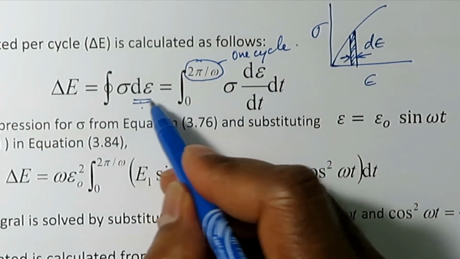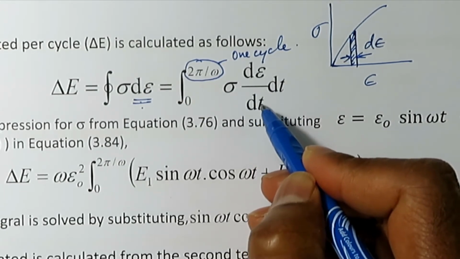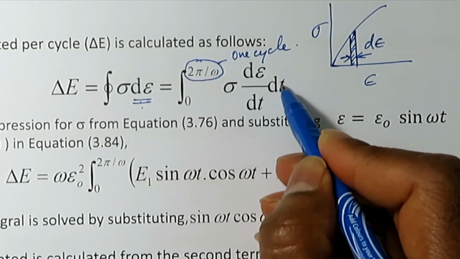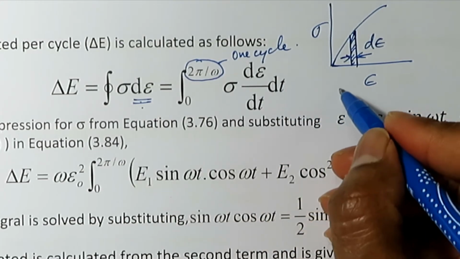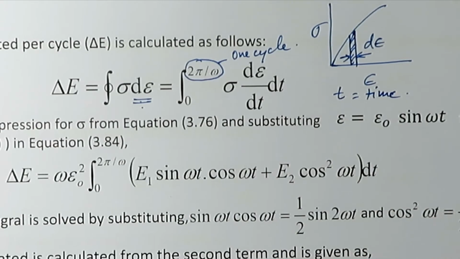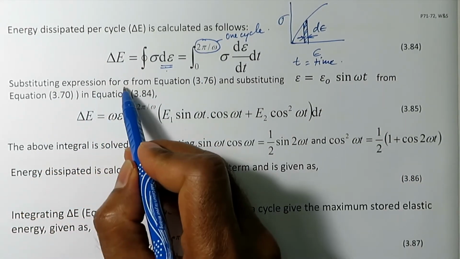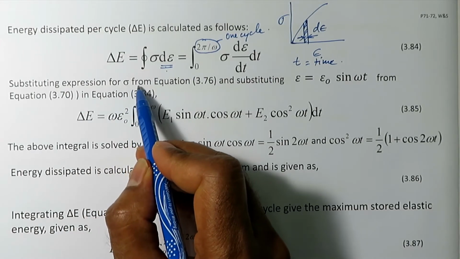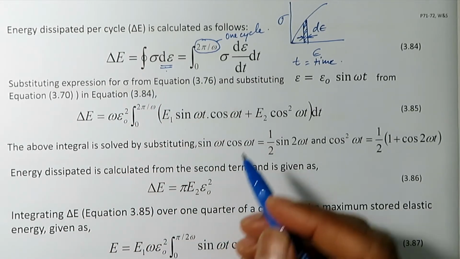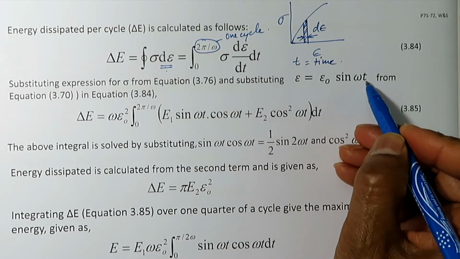And for d epsilon, we can write d epsilon upon dt multiplied by dt. So here t represents time. Now substituting expression of sigma from equation 3.76, epsilon equal to epsilon naught sine omega t.